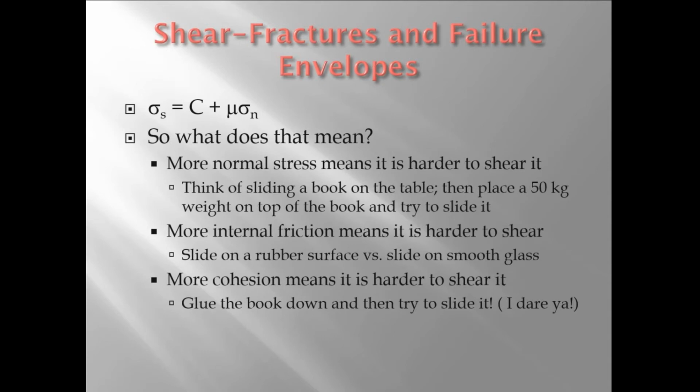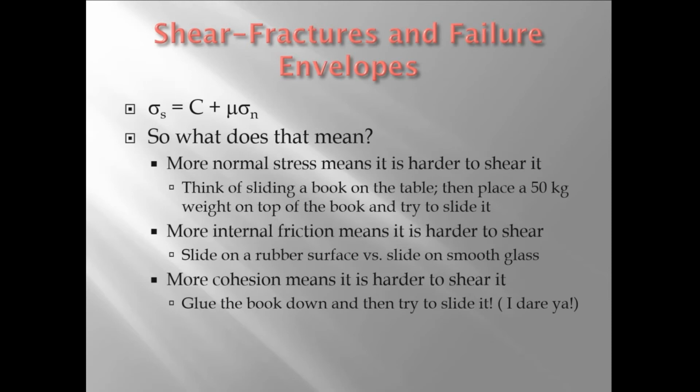It's like the difference between if I have this sitting on the desk or a piece of glass, or if I set it on a piece of rubber that's really grippy with lots of friction. Higher friction makes it harder to slide. And then more cohesion. Again, the more cohesion, the harder it is to slide. It's like if I glue that down, there's lots of cohesion.